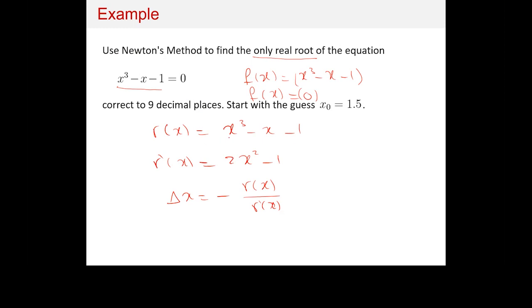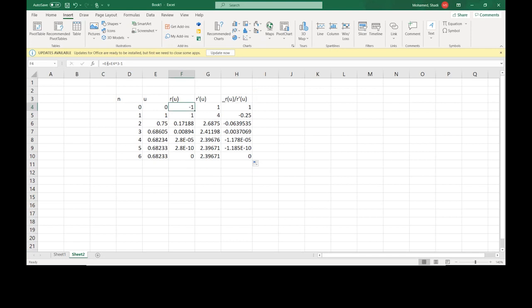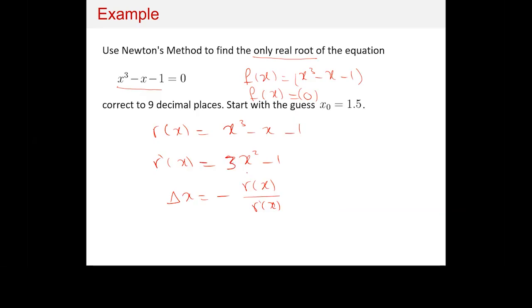The residual function is x cubed minus x minus 1. I'm just going to type it in there. It's x cubed, this is x to the power 3, minus x and minus 1. The derivative is 3x squared minus 1.